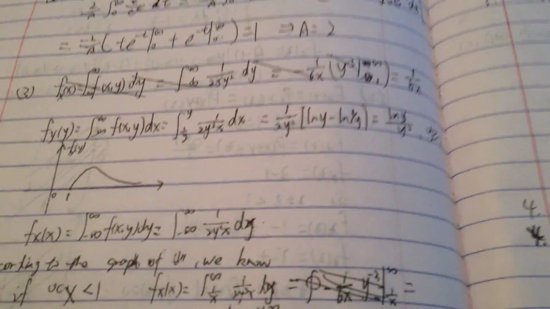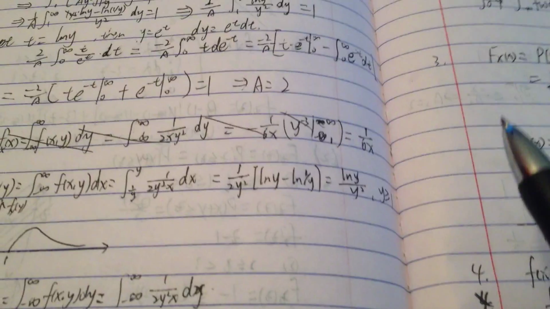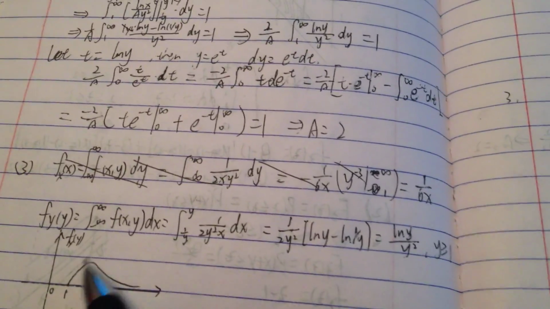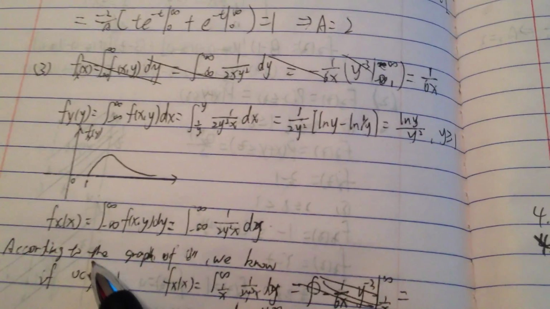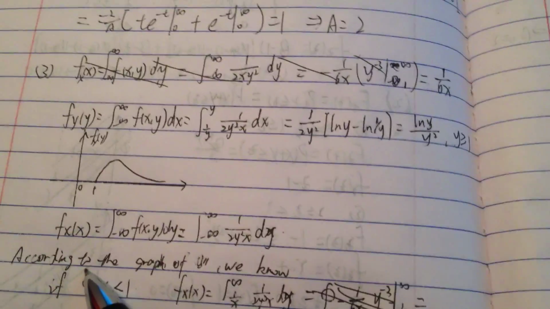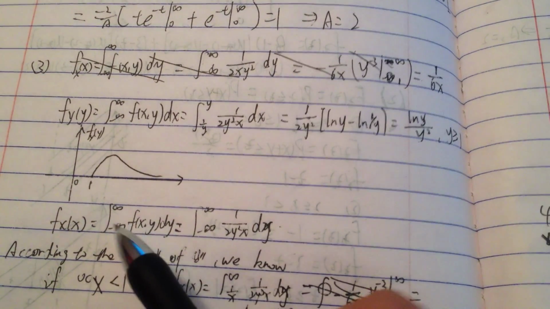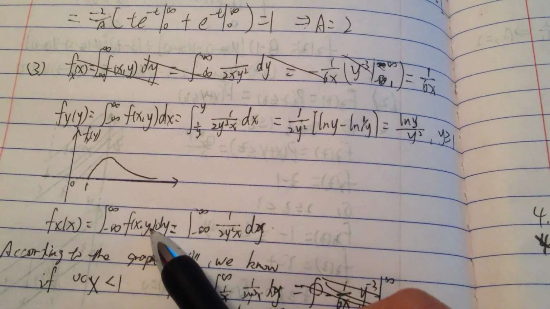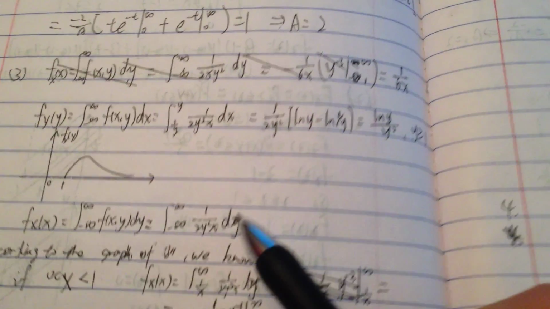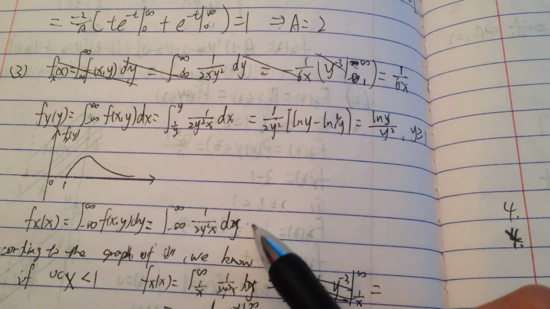And third, let's find and draw the marginal density functions f of x and f of y. We have known that f of x equals integral from minus infinity to infinity of f(x, y) times dy. That equals 1 over 2 y squared x times dy.